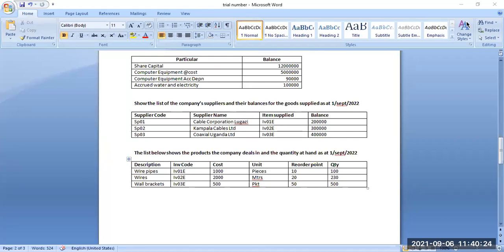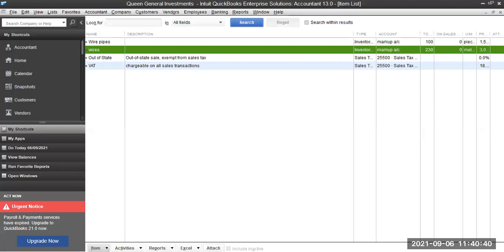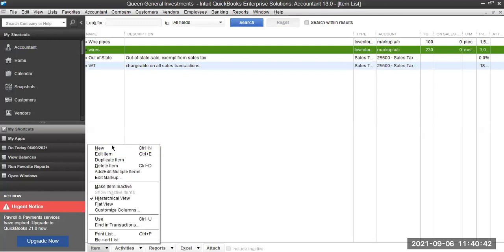Okay. Then what is our last item, wall bracket? Each bracket costs us 500 and they are measured in packets. The order point is 50 and the quantity at hand is 500 packets. So let's come back here and capture the last item.